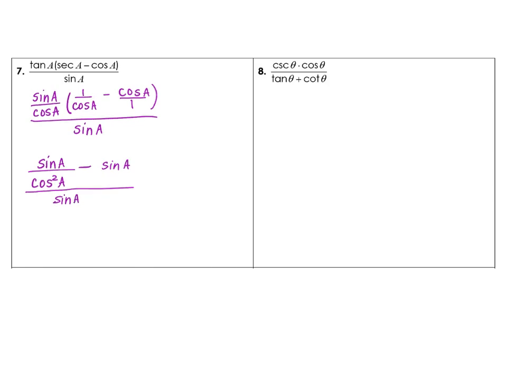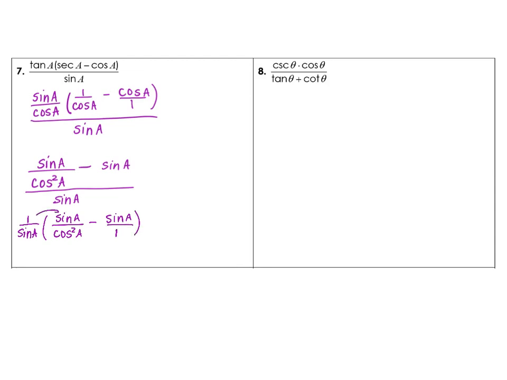Now with this, we can even flip over from the denominator if we want to and distribute through by 1 over sine of A. That might simplify this even a little more. So let's see what we have here. That over sine A is the same thing as 1 over sine of A times sine A over cosine squared A minus sine of A, and we're going to put that sine A over 1.